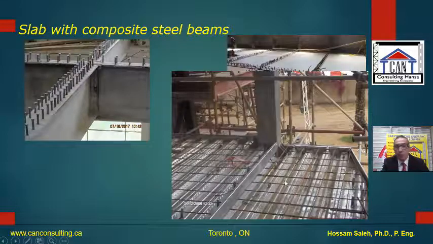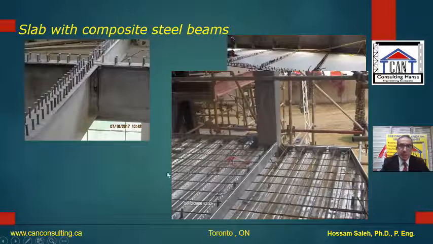Now, if you have a composite steel deck with this profile, it will sit on the beams, and you don't need a formwork, because the deck will be the formwork, and when you pour the concrete on it, you will have a composite action. That's very beneficial to reduce the formwork, and it also needs less reinforcement.